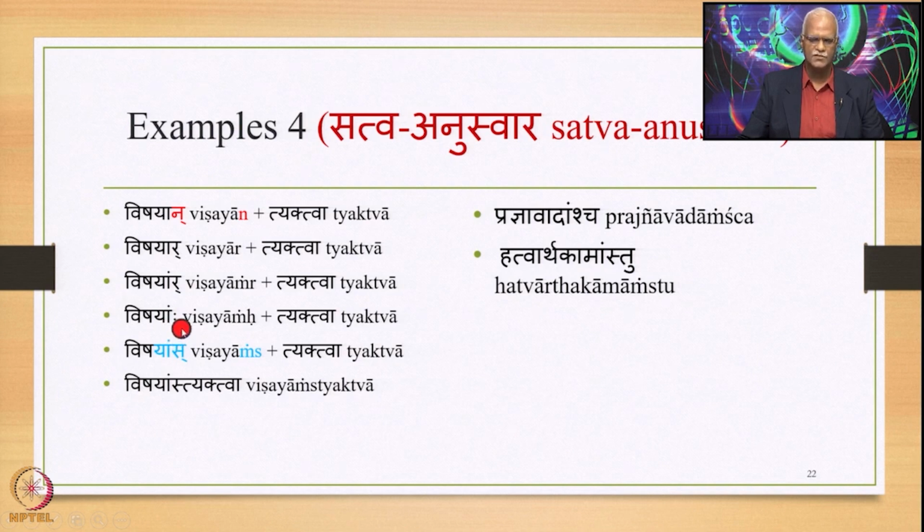This visarga then is substituted by sa, and so we have Vishayans and Tyaktva, and finally Vishayans Tyaktva. So there is this sa as well as anuswara. So Sattva plus anuswara both substitute this na, and we get Vishayans Tyaktva. And similarly, Prajnavadanscha Bhashase or Hatvartha Kamanstu Guru Nihaiva and so on. In all this, we do encounter the Sattvanuswara Sandhi.